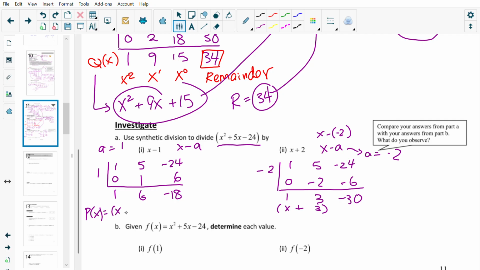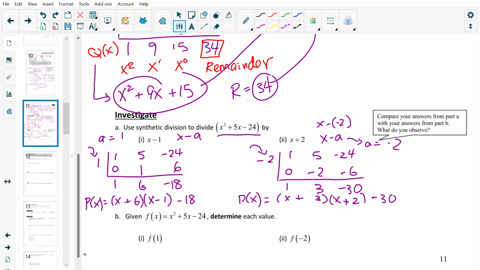P of x equals x plus 6, the quotient, times x minus 1, that's another one of your factors, and then our remainder is written as minus 18. So p of x equals x plus 6 times x minus 1 minus 18. Likewise, over here, p of x equals x plus 3, our quotient, times x plus 2, our other factor, minus our remainder, 30.